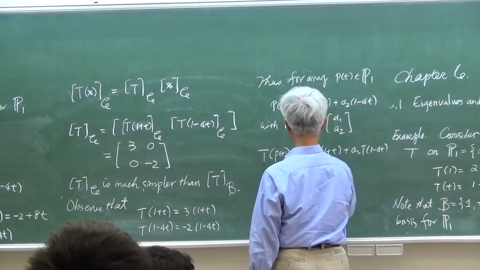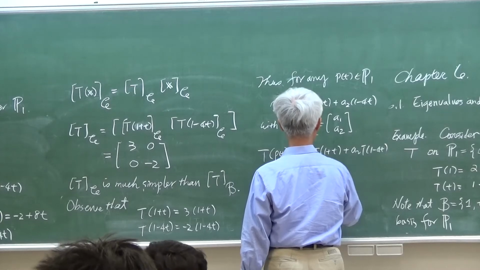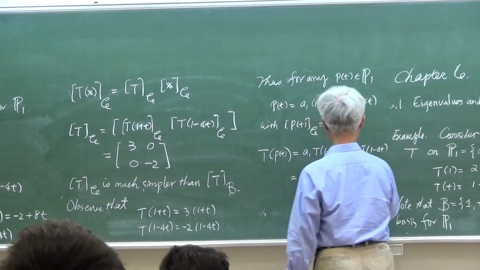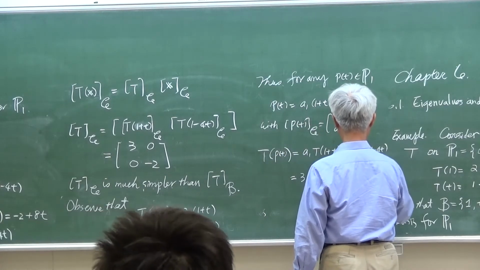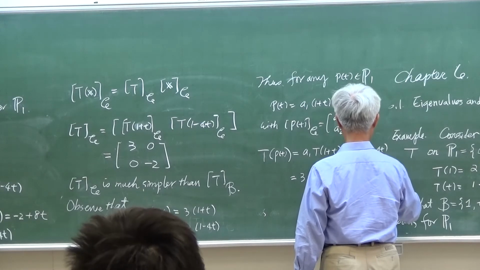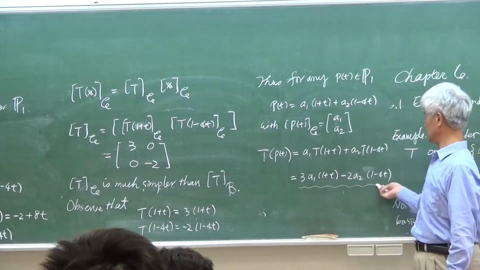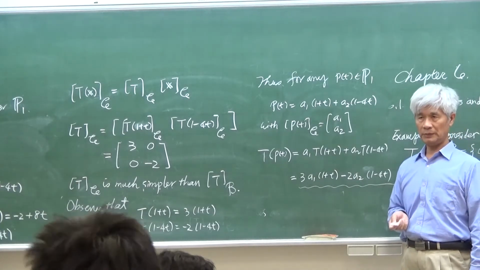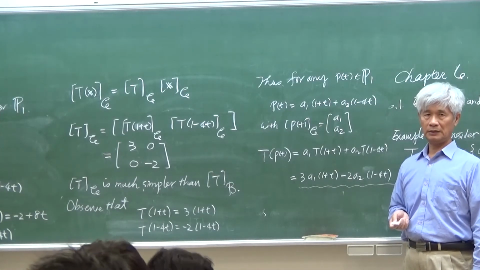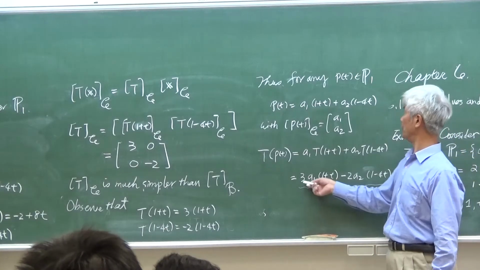So this becomes 3 times a1 minus 2 times a2. So the image can be written immediately. Alright? So you can see it's very simple, right?